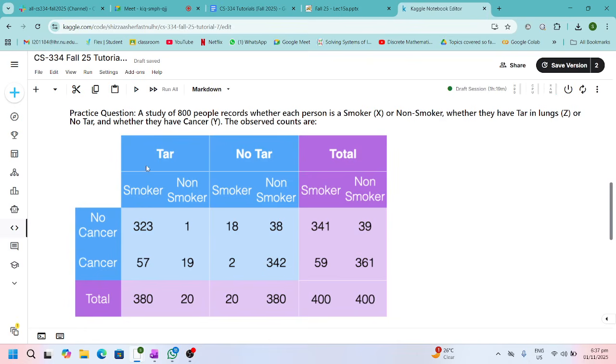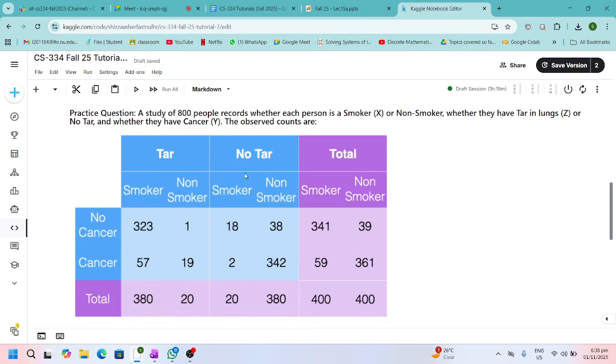So let's see. अगर हम सिर्फ total देखें, at the very end you will see that in total you have 400 smokers and you have 400 non-smokers. Similarly, in total you have 380 smokers who have tar in their lungs and 20 non-smokers who have tar in their lungs.